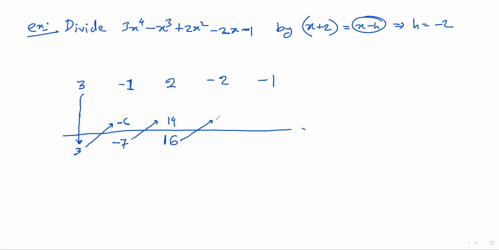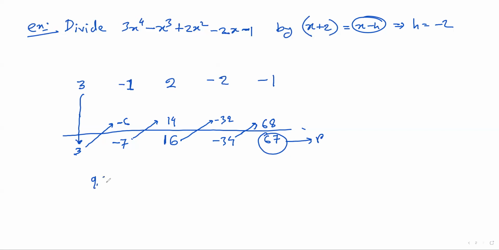Multiply 16 by minus 2 to get minus 32. Add minus 2 and minus 32 to get minus 34. Multiply it by minus 2 again to get 68. Add 68 and negative 1 to get 67. At the last end, 67 is the remainder.